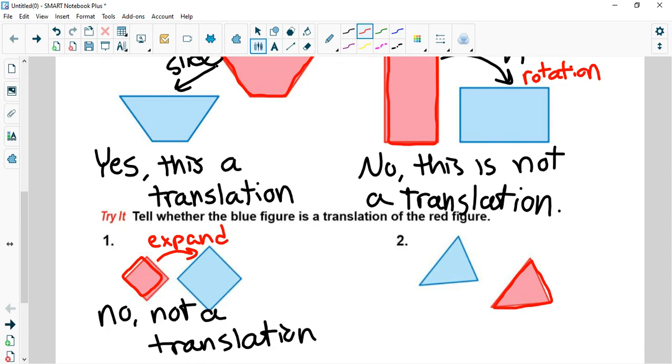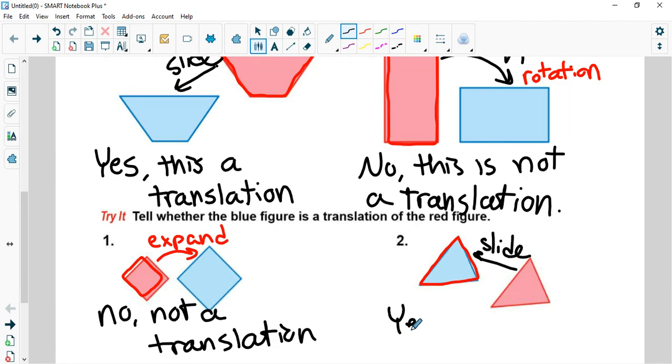For 2, if I take the red one and slide it over, I can see that it fits exactly to the blue one, which is an indication that this is just a slide.